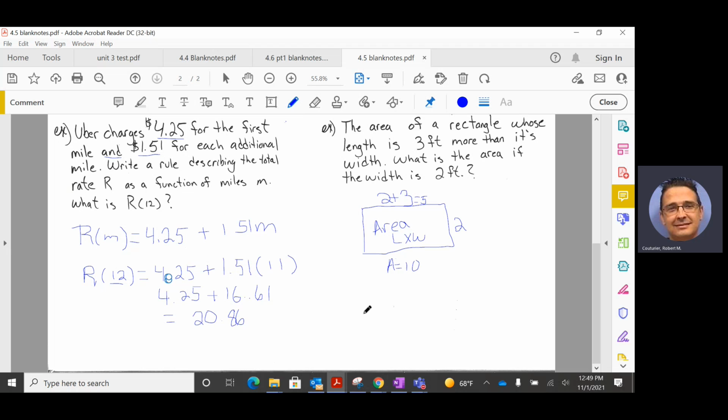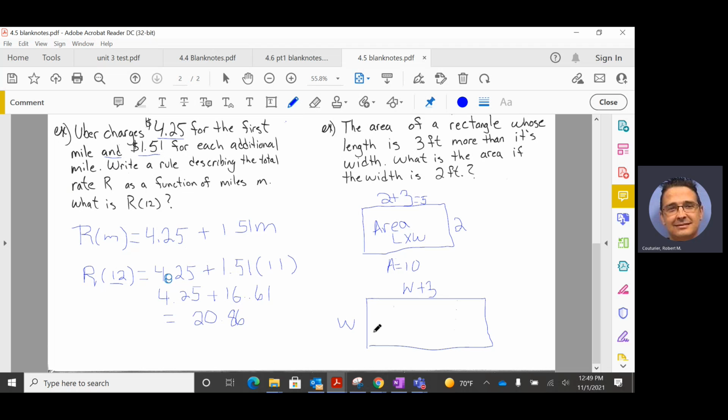Okay, I'll draw another picture so we can see. We know that this is going to be width, right? And the length is 3 more than the width. So W plus 3.